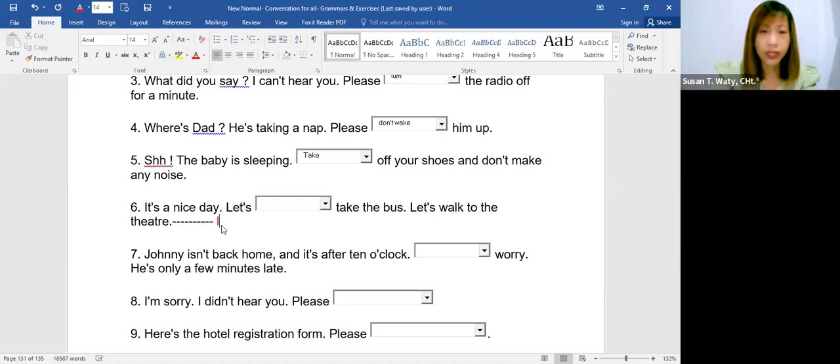So let's is an abbreviation of let us. Okay. So let us turns to let's. Okay, for the short way like that, for like contraction. So when you say let's go, okay, so let us go, that means go now.